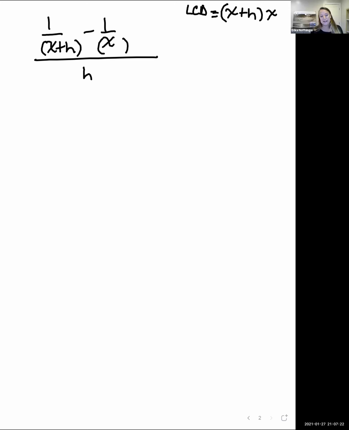Okay, so a lot of times we use tools of mathematics to take something that's complicated to make it simplified. And sometimes that's just multiplying by this fancy one. And so we're going to multiply both the numerator and denominator by this x plus h, that quantity times x, all over x plus h, that quantity all times x.